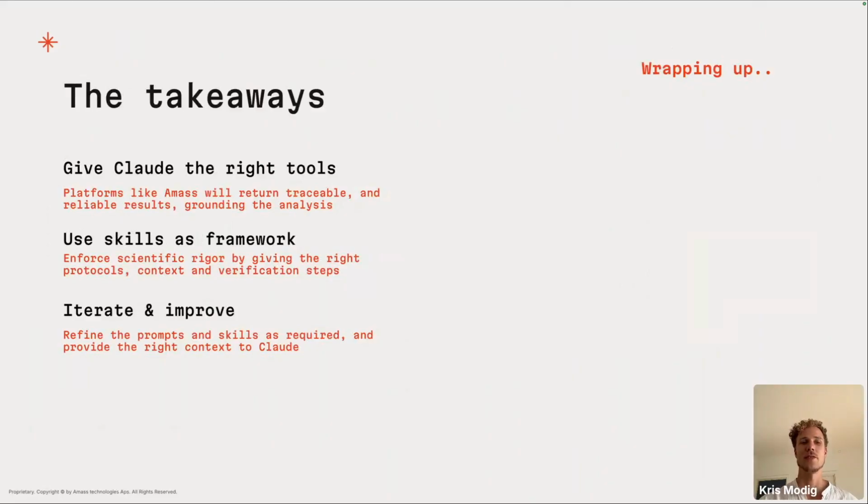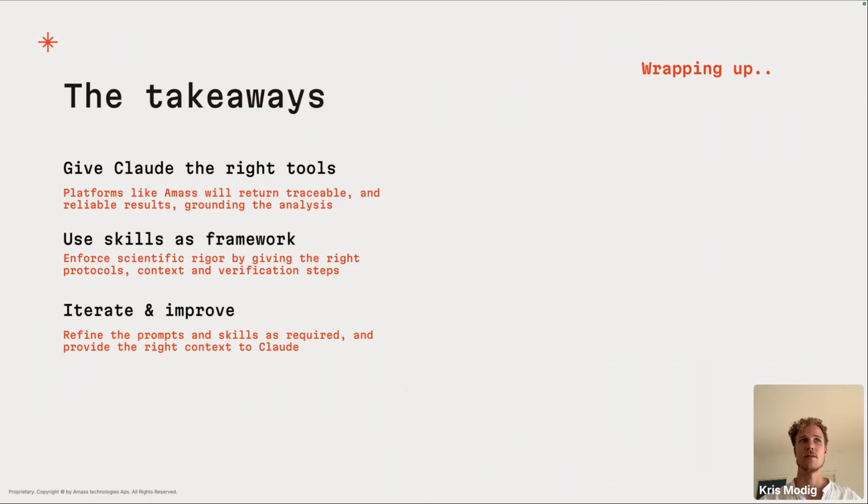So if there are any takeaways from this session, one is that we just need to give Claude the right tools to work with. In the instance of Amass, we'll return traceable and reliable results, grounding the analysis. So making sure that we're actually using the right search tools, finding the right results, and then fetching the right links and identifiers for you to work with in the first place.